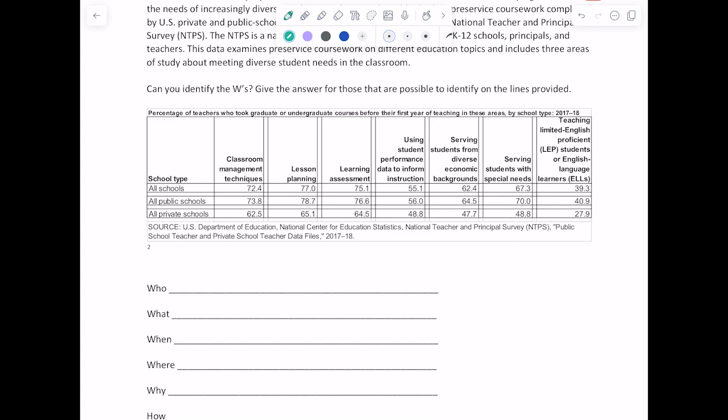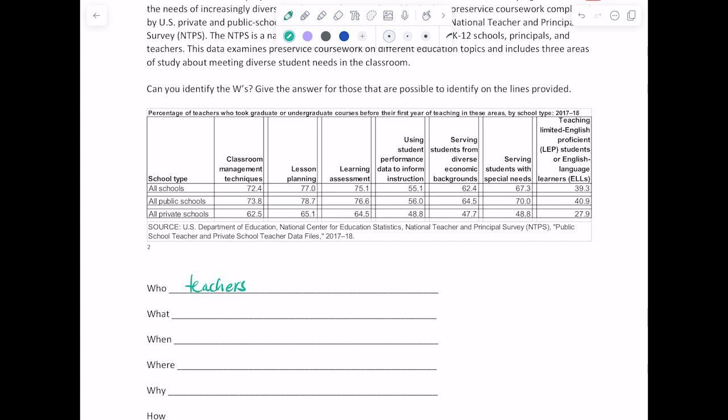So if I look at the first row where it says all schools, 72.4% of teachers took classroom management techniques. 77% of teachers do lesson planning. 75.1% of teachers use learning assessments. So each of those percentages is referring to the teachers at those schools.